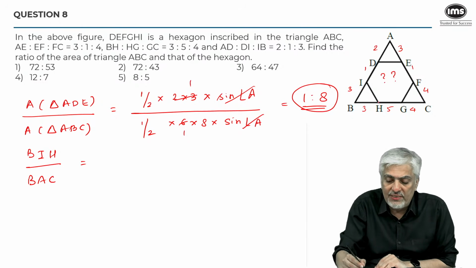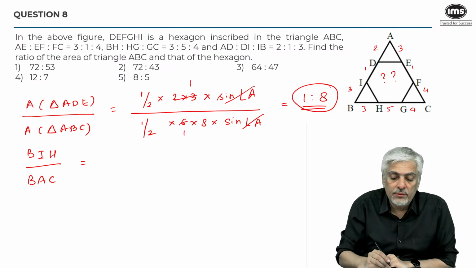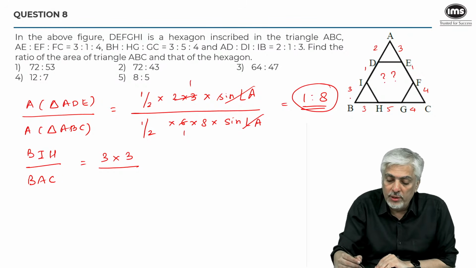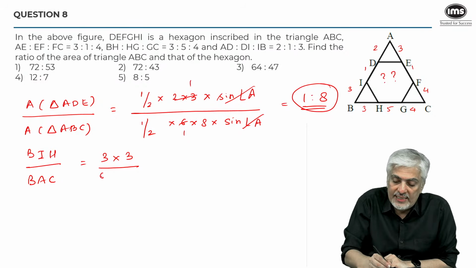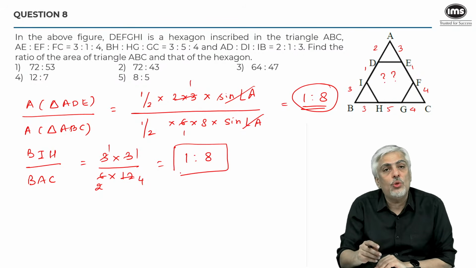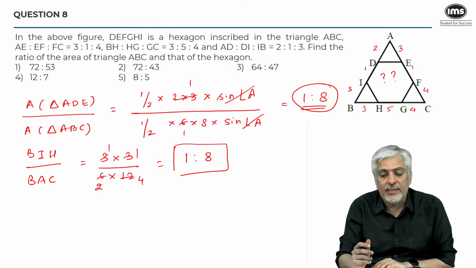This time I'll just write the values directly. So it will be 3 into 3 upon 6 into 12. So 3 ones are 3, twos are cut, 3 ones are 3, fours are cut. Again 1:8. Please don't jump to a conclusion that the third one also will come 1:8.